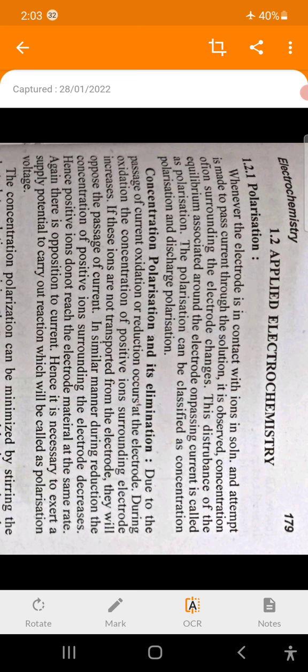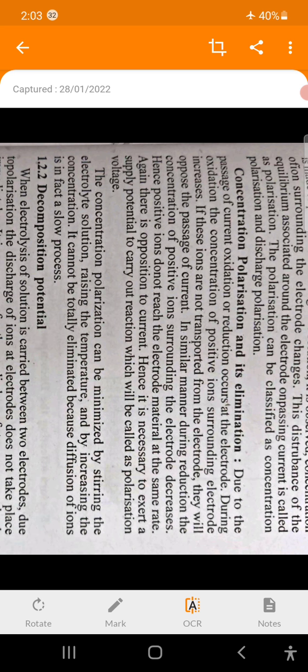There are different types of polarization, and one type is concentration polarization. This is because of the difference in concentration of ions in solution.